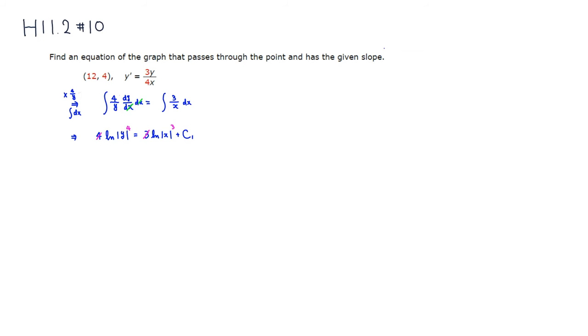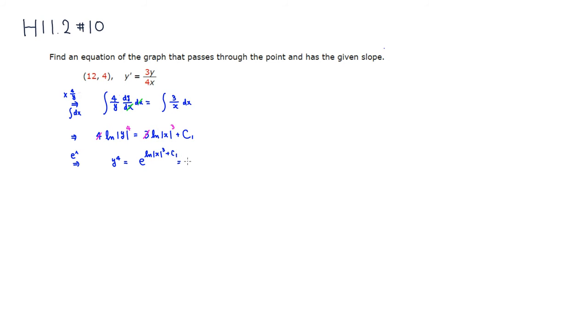In order to get rid of the natural log, I'm going to raise e to both sides, so that's going to cancel out. This is y to the 4th, so you don't really need the absolute value sign there. Then you have e to the natural log of the absolute value of x cubed plus C1.